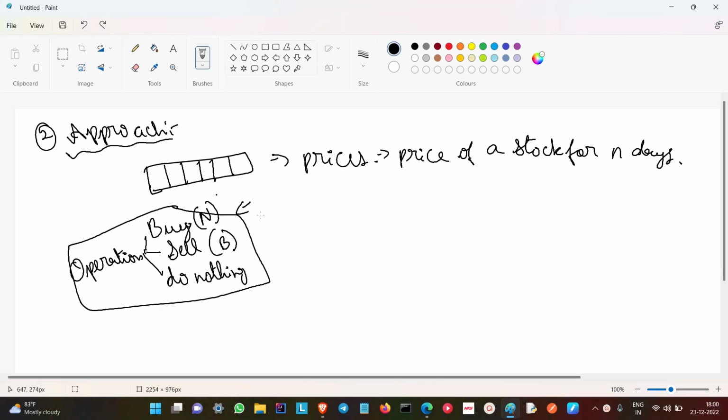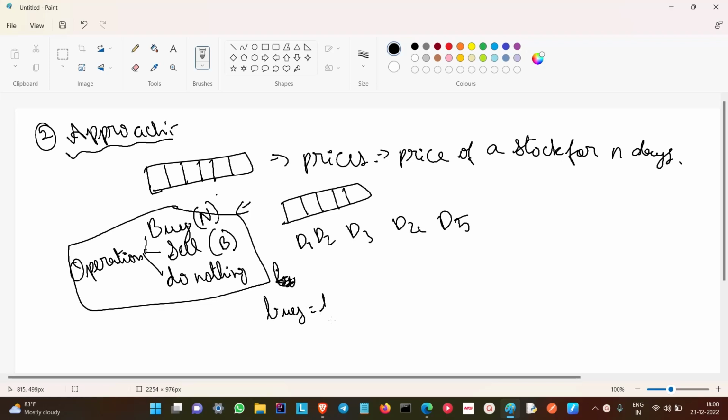Yeah, there are three steps. Initially, let's say we are given the days. So this is day one, day two, day three, day four, day five. Initially we currently haven't bought any stocks, so we'll consider buy as false. When we meet the first day, we have two possibilities.